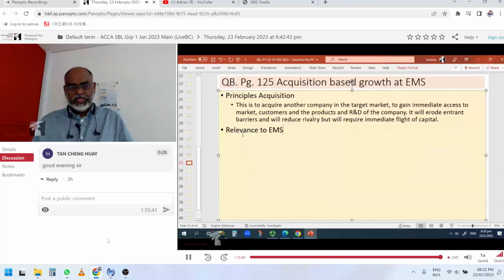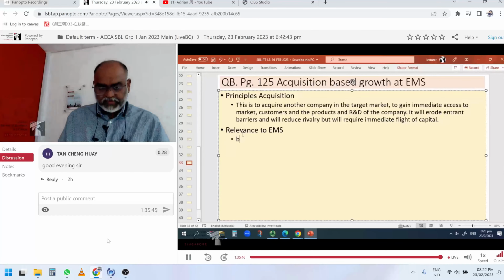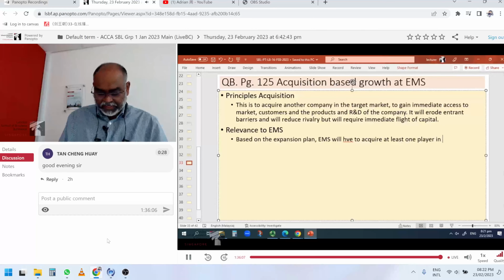So what is the relevance to EMS? Relevance to EMS is based on the expansion plan. EMS will have to acquire at least one player that's a related player in each market.